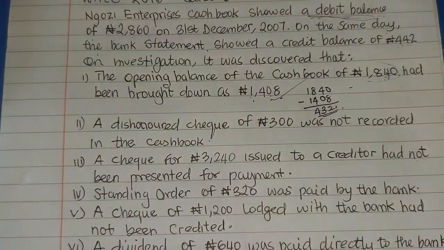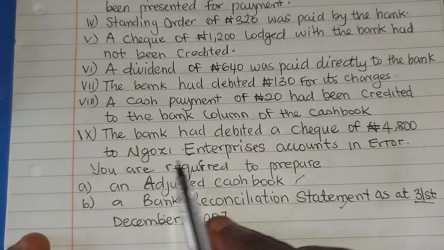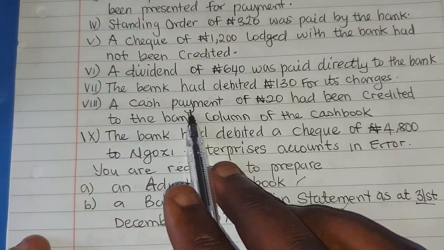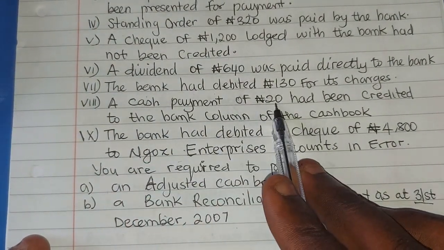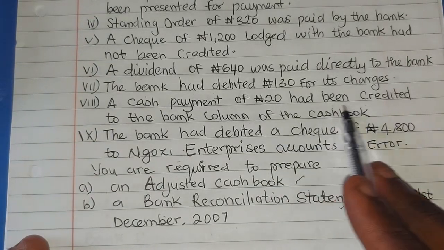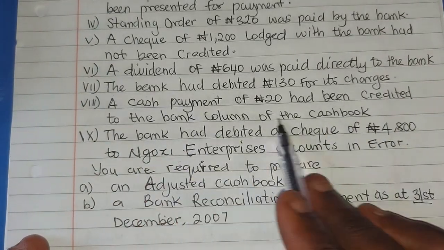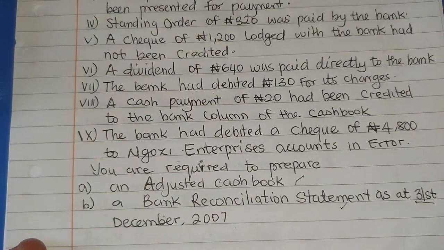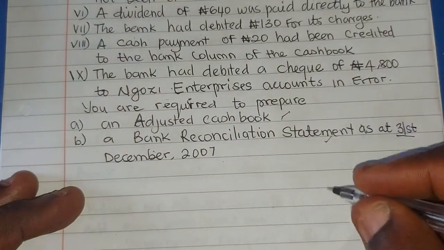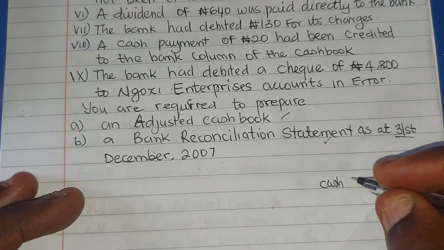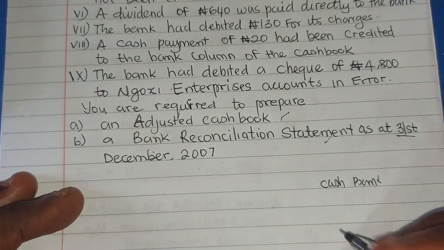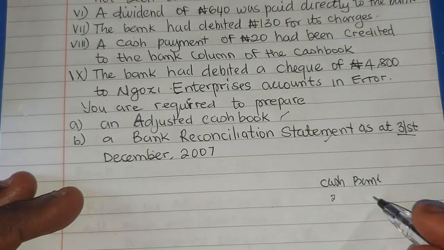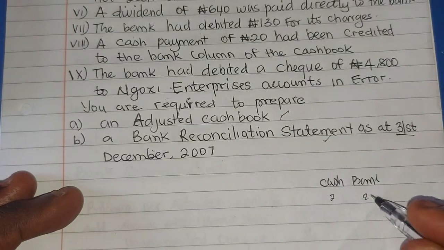Now let's go to the next item. The next item says a cash payment of 20 naira had been credited to the bank column. Okay, had been credited. So in a two-column cash book where you have cash and bank, the payment is for cash, but it was mistakenly credited to bank.